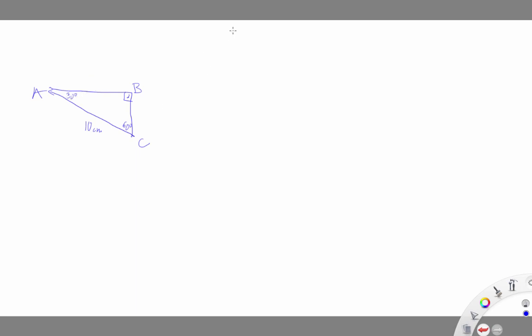The question we have is, what is the length of AB? What is the length of BC? And using all these sides, AB, BC, and AC, we're going to find what is sine of 60 without using a calculator.